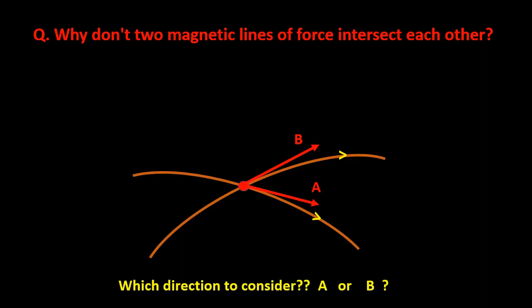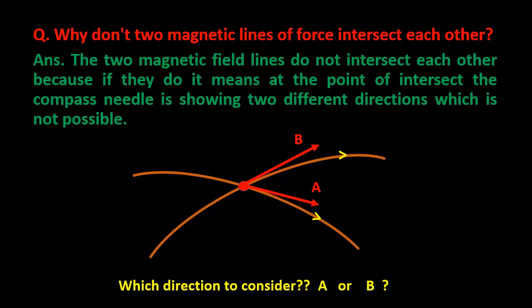There is a confusion, and due to this reason, two magnetic field lines never cross each other. So the answer can be written as: two magnetic field lines do not cross each other, because if they did, at the point of intersection the compass needle would show two different directions, which is not possible.